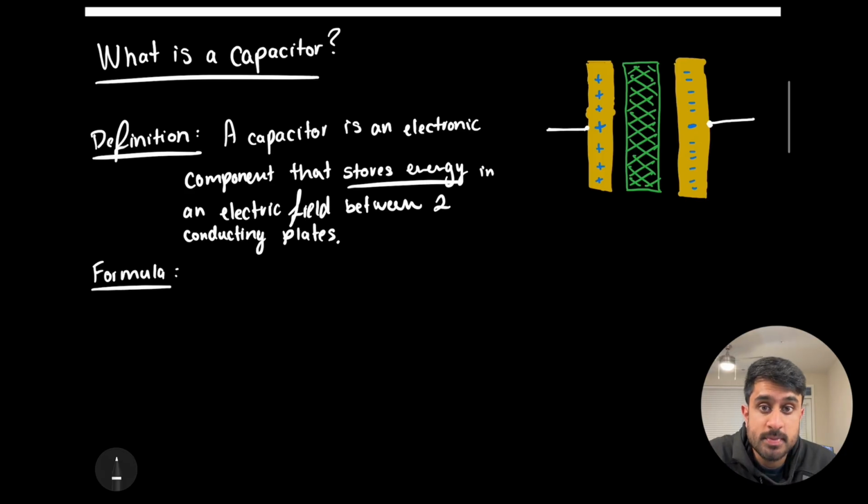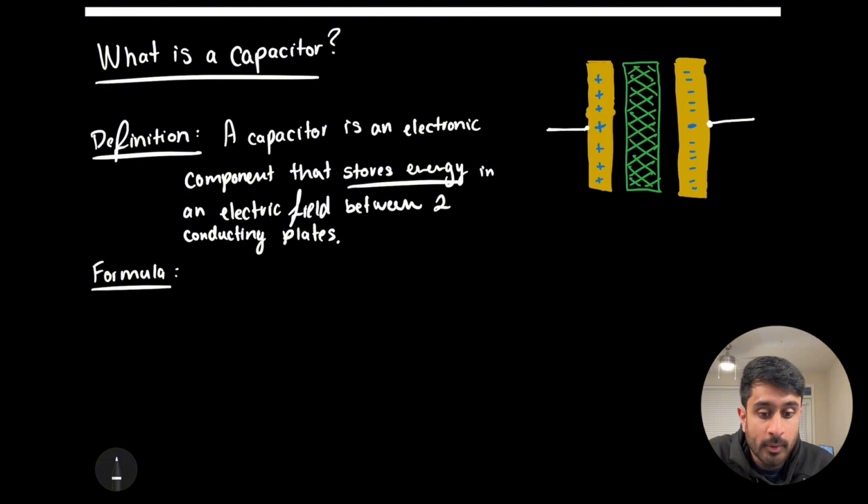This charge builds up on those two parallel plates, and the electric field between those two plates is specifically how we can get the charge to stay within the capacitor.